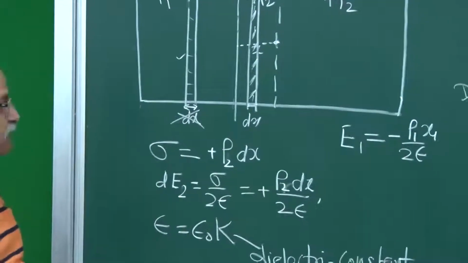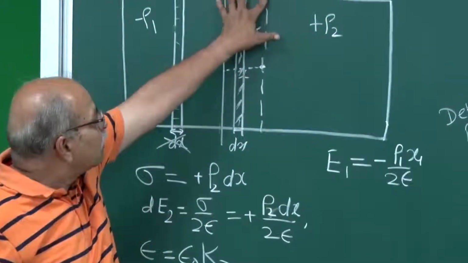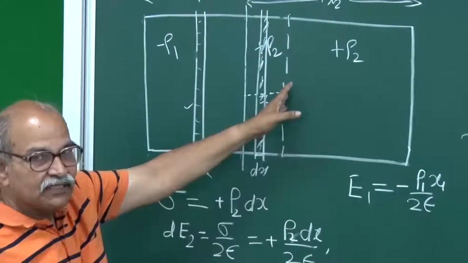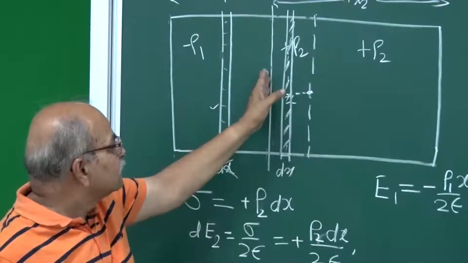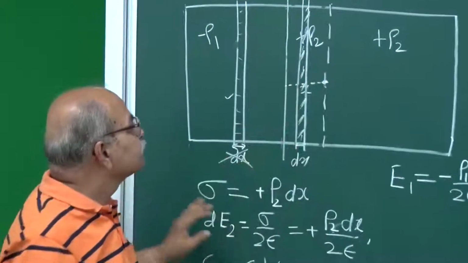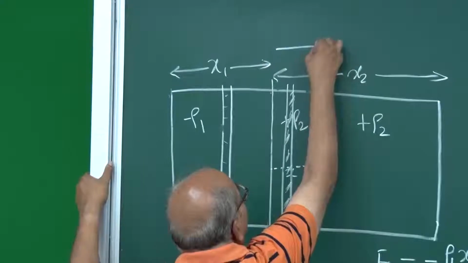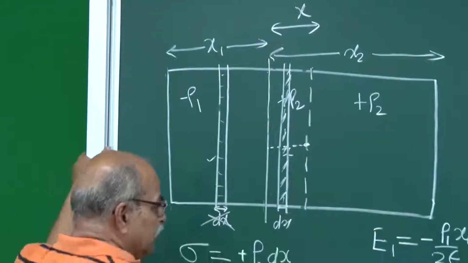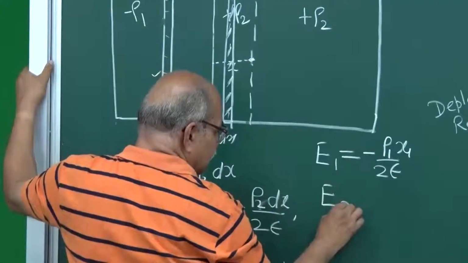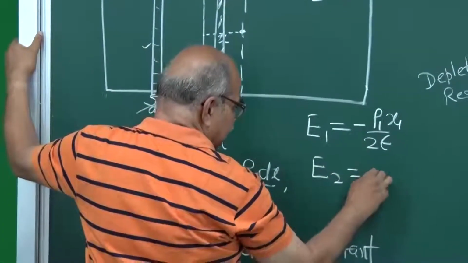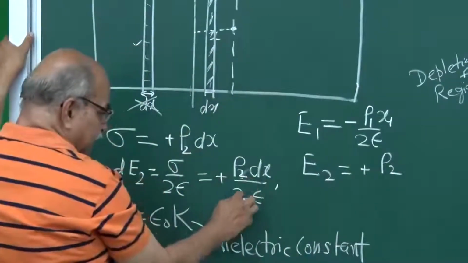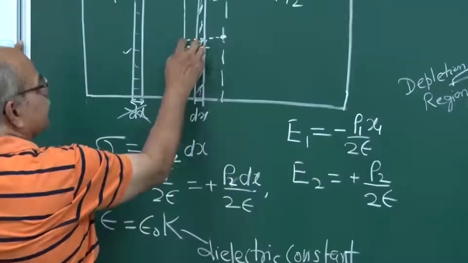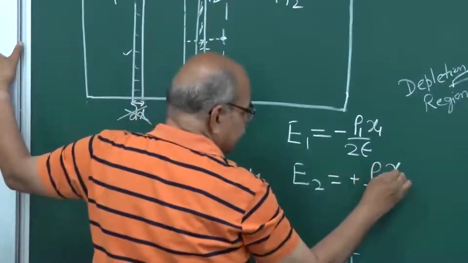So what is the electric field due to this part, which is positive charge plus rho 2 to the left of the point chosen? What is this whole length? This length is just x. So E2 is equal to plus rho 2 divided by 2 epsilon, and then this dx is integrated from here to here, which is just x.